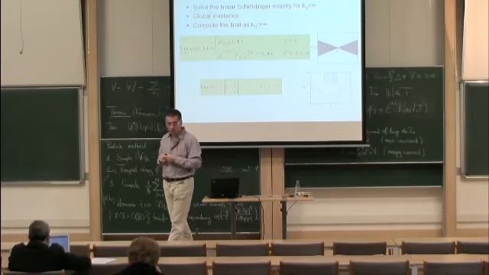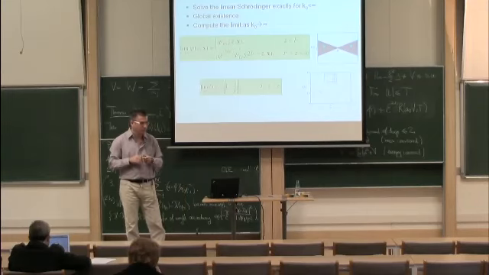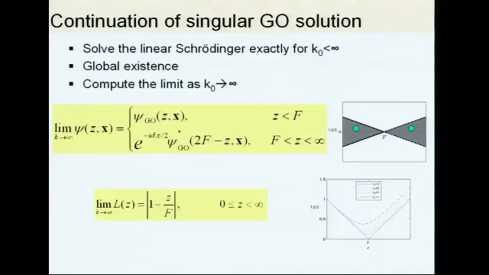If you do this computation, what do you get? Before the singularity, you go to the geometrical optics solution, as expected. After the singularity, you go to the geometrical optics solution conjugate, but you get some extra jump in the phase, a finite jump in the phase.